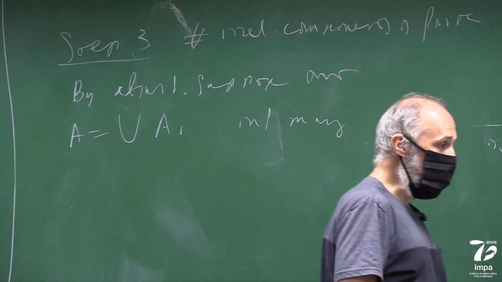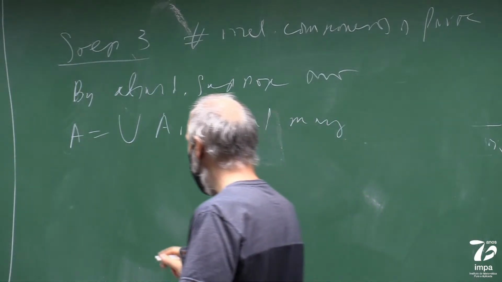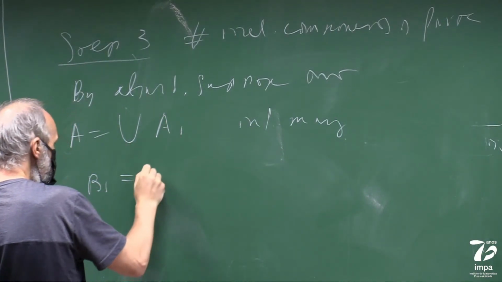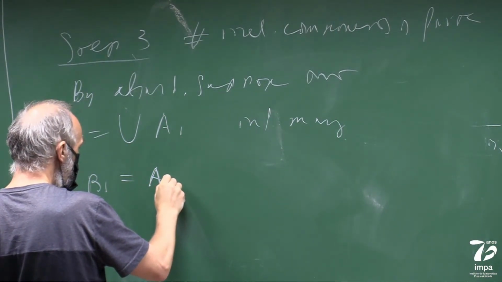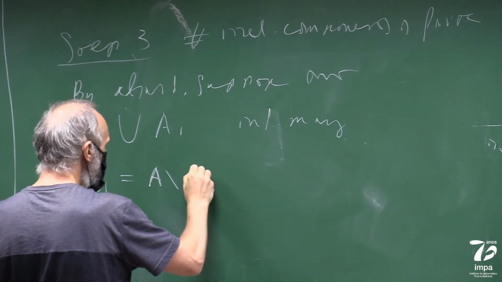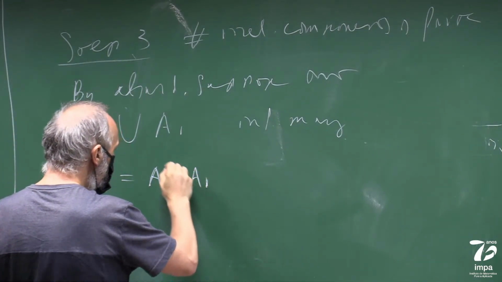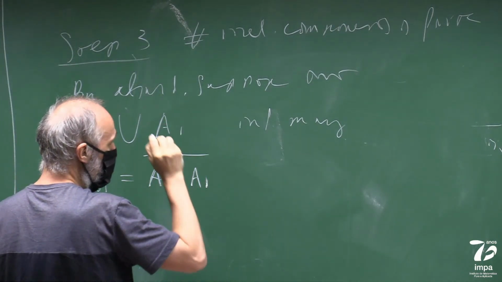And I define BI as A without AI, and then I take what is called the Zariski closure.